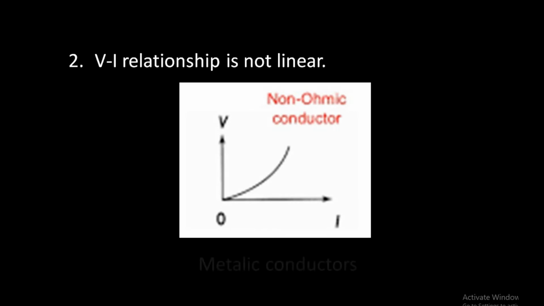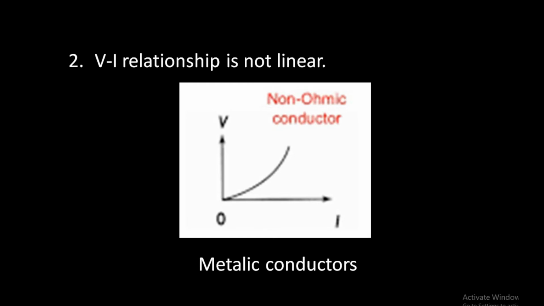Metallic conductors obey Ohm's law and their graph is a straight line. But when a large current passes through the same conductor, it gets heated up and its resistance increases. That results in no longer linearity in the VI graph. That is, the conductors become non-ohmic at higher currents. So this is the second limitation of Ohm's law.